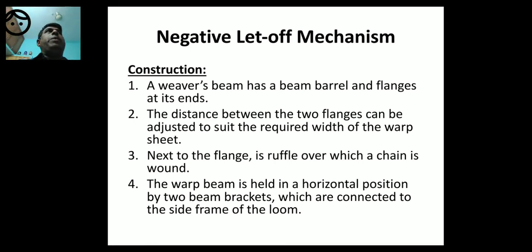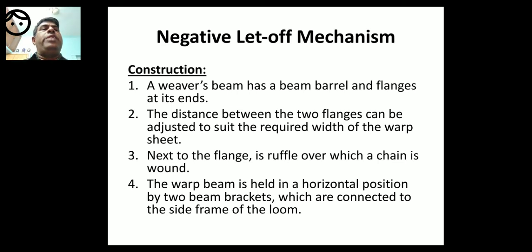So a weaver's beam has a beam barrel around which warp is wound, and flanges are there at the two sides, two ends.